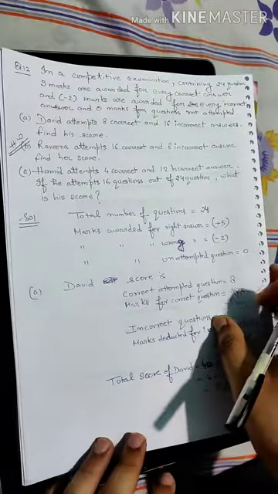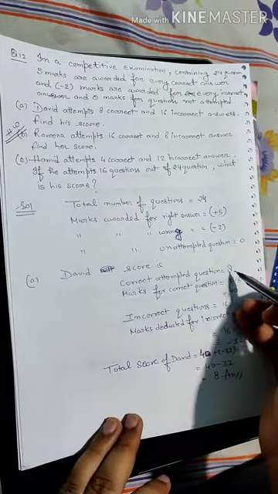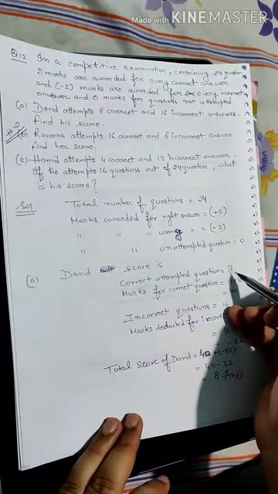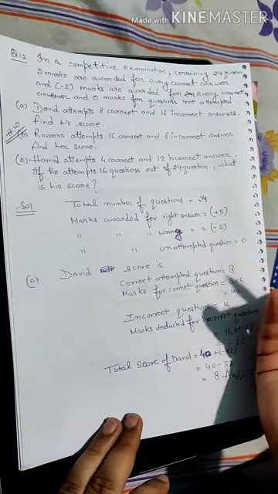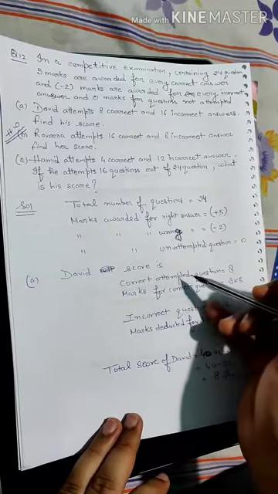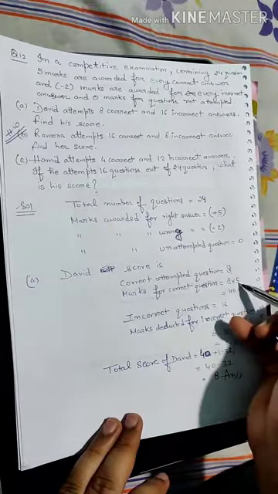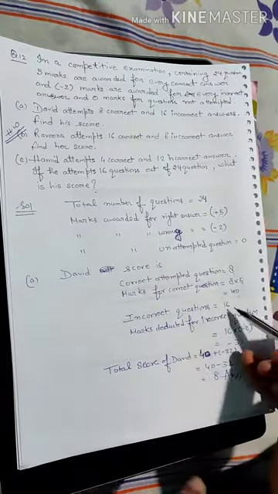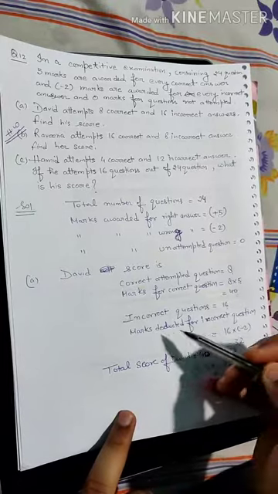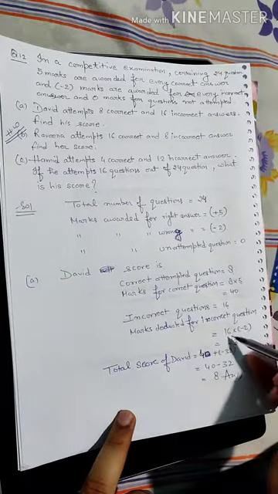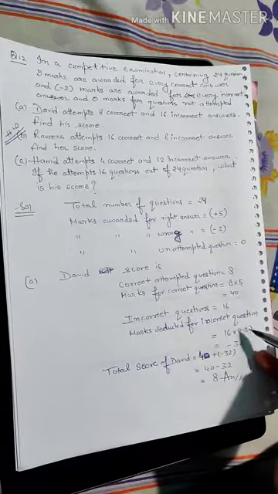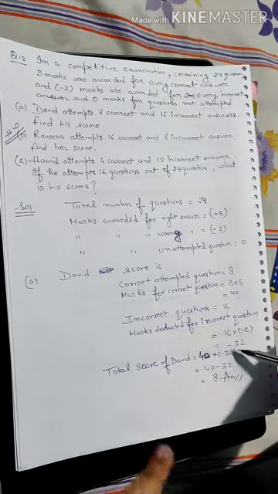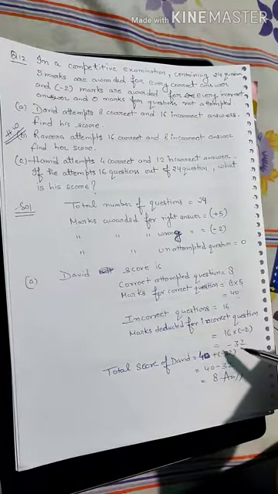So in the case of David, he attempted 8 correct answers. What is the score awarded for 8 correct answers? 8 into 5, which is 40 marks. And for incorrect answers he attempted 16, so the marks deducted for incorrect answers are 16 into minus 2. The minus denotes that marks will be deducted from the scored marks, so minus 32 marks will be deducted.